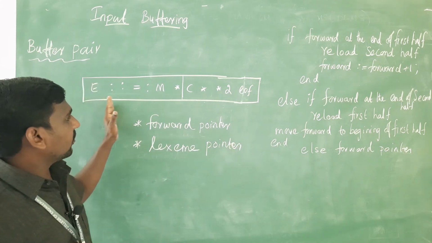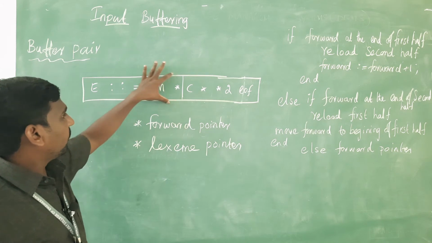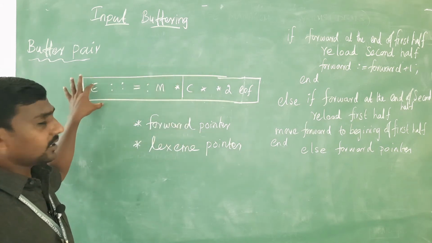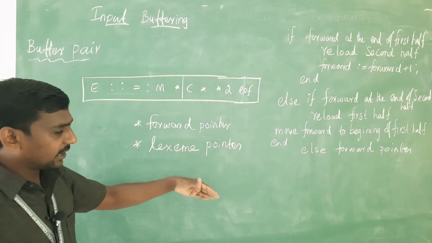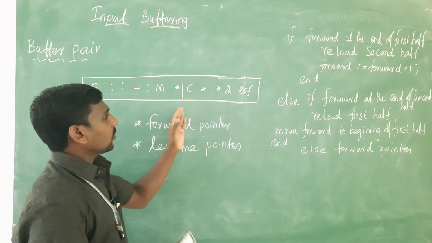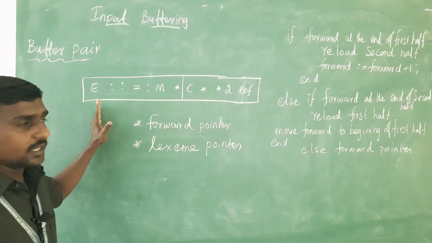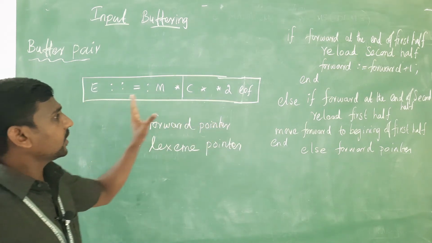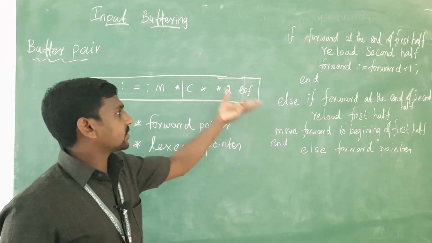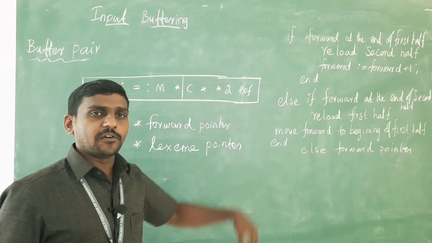Once the first half is completed and it starts the second half, it deletes all the previous characters from the first half and reloads the next sequence of characters into the first half. Similarly, once it reaches the end of the buffer, it comes to the first half. When it reaches the first half, the second half must be empty and the next sequence of characters is placed into the second half of the buffer.